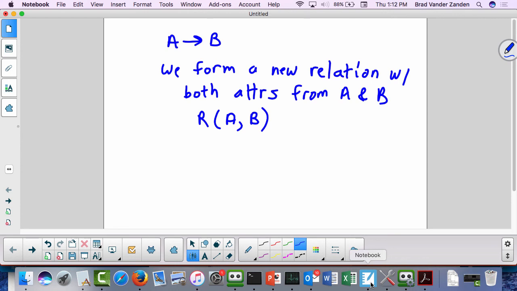The determinant? The determinant is good, and primary key. So A becomes the primary key in this new relation.